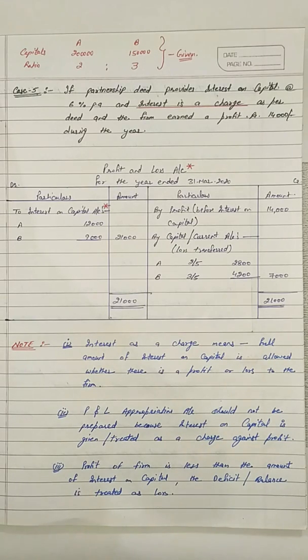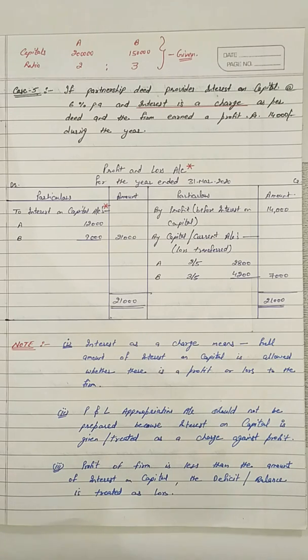We have one more example. If the partnership deed provides interest on capital at the rate of 6% per annum and interest is a charge as per the deed, and the firm earned a profit of 14,000 during the year. The difference between the previous case and this case is that in the previous case the word silent is given, but here interest is a charge.